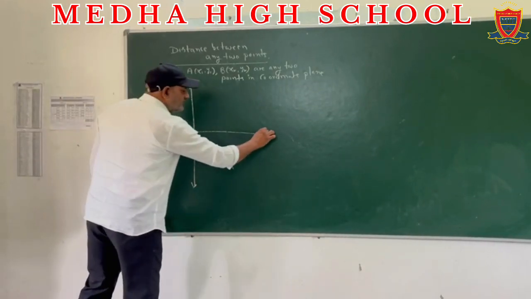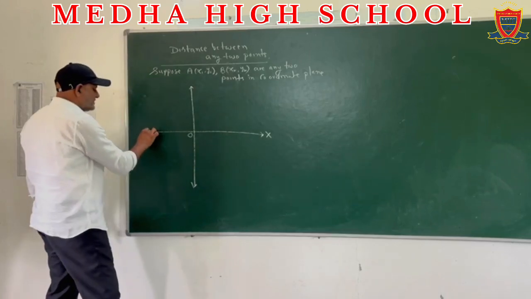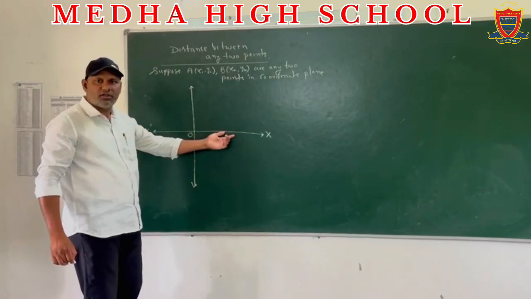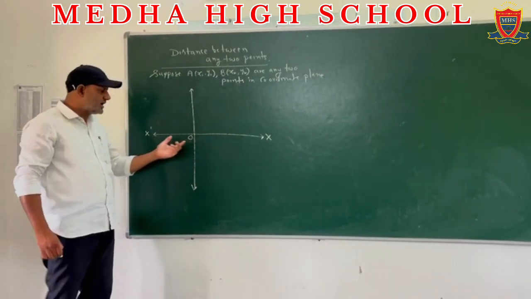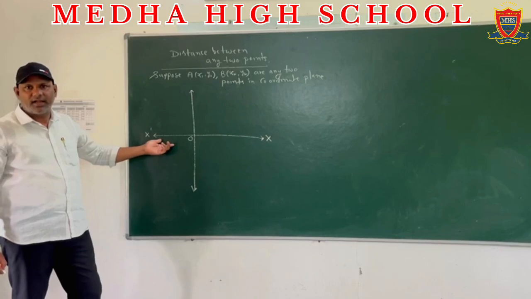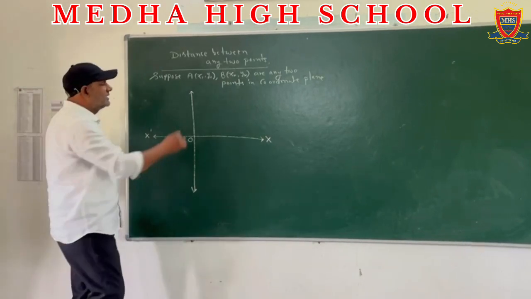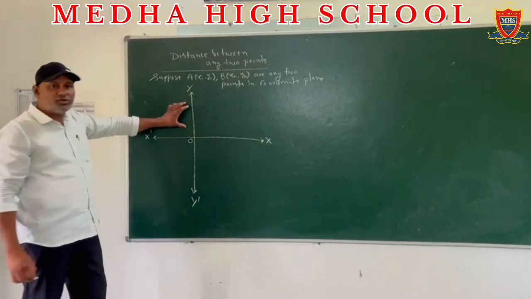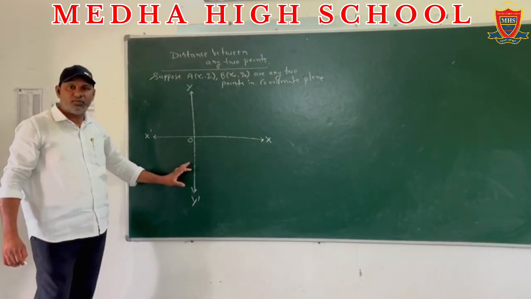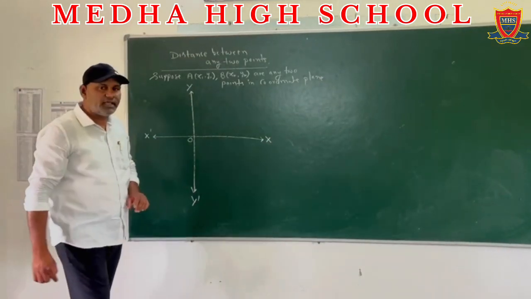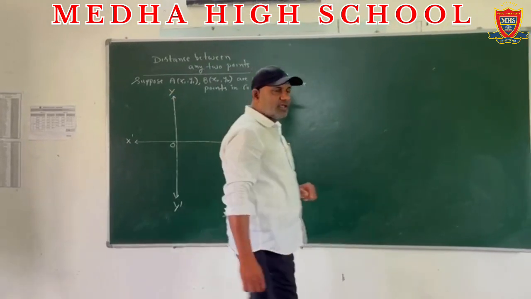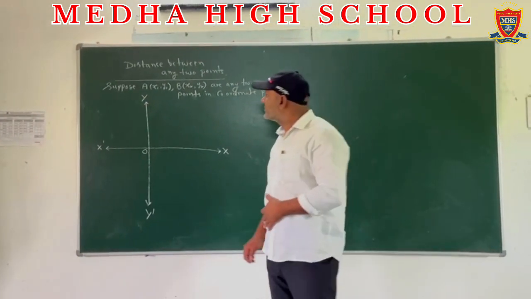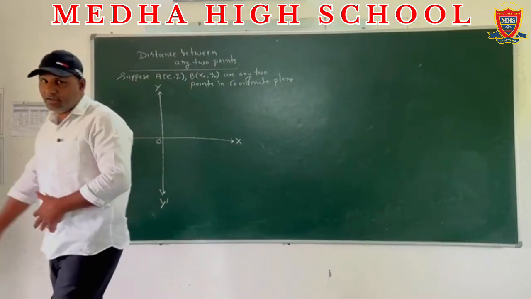So this is the x-axis, OX and OX dash. OX is the positive x-axis and OX dash is the negative x-axis. And OY is the positive y-axis and OY dash is the negative y-axis. Now I will take these 2 points A (x1, y1) and B (x2, y2) in the coordinate plane.